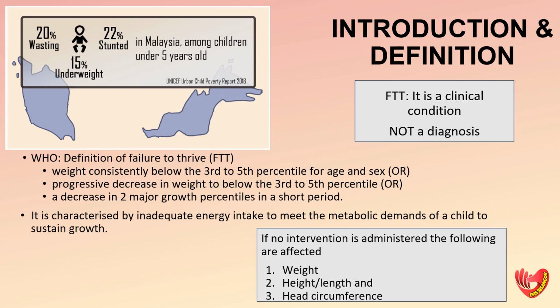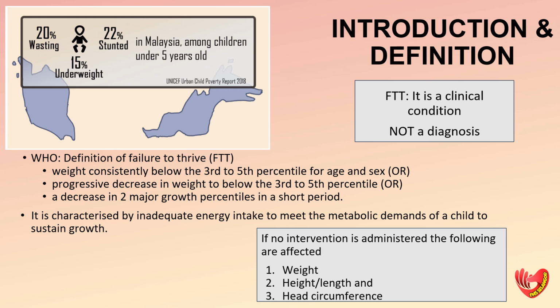Let us look into the introduction and definition. As all of you know, FTT is a clinical condition and not a diagnosis. WHO defines FTT as weight consistently below the third to fifth percentile for age and sex, or progressive decrease in weight to below the third to fifth percentile, or a decrease in two major growth percentiles in a short period.